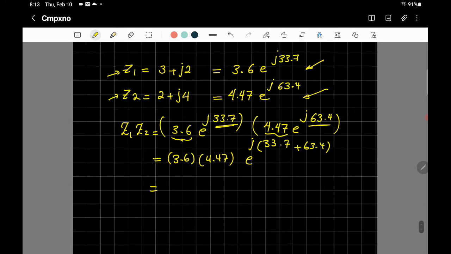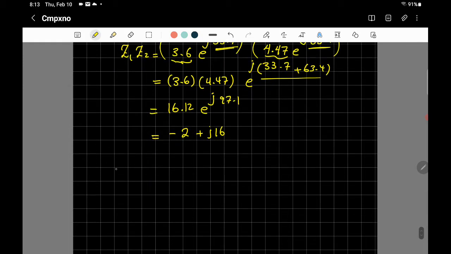Then when you multiply, you will get 16.12 e to the power of j, and when we add the angles, it will be equal to 97.1. So that will be the answer, and you can convert it to Cartesian form if you like. It will be equal to minus 2 plus j16.